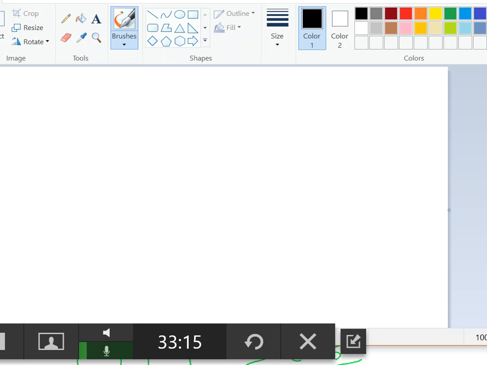Okay, so question number 26 says, construct a graph that represents the distance a car moving at 60 miles per hour will travel.